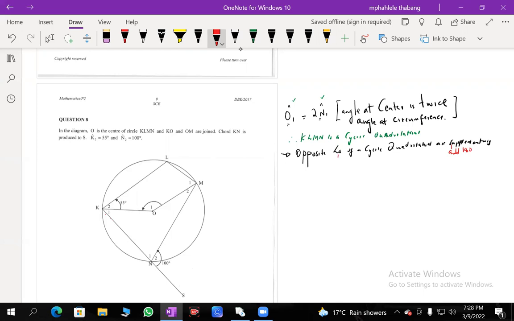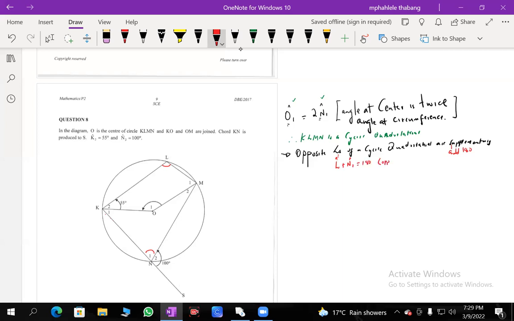So now we need to identify which angles are opposite. We have got angle L here, which is opposite to angle N1. So it simply means that angle L plus angle N1 should give us 180. What is the reason?